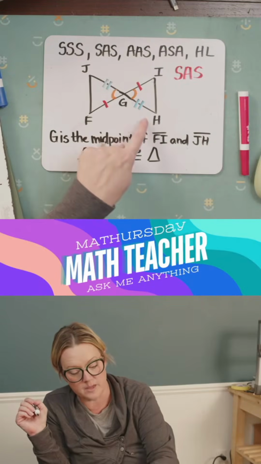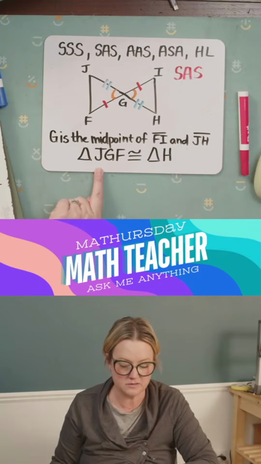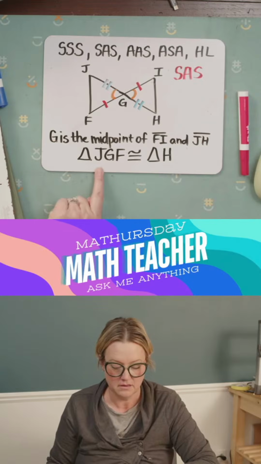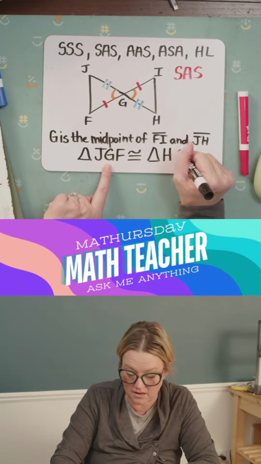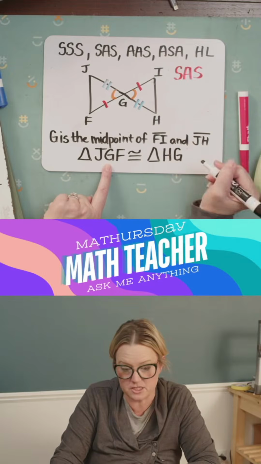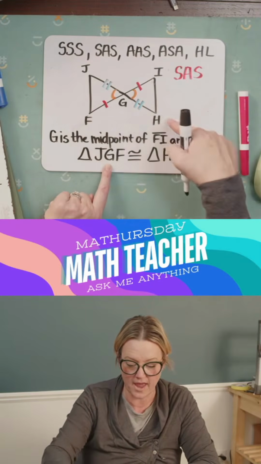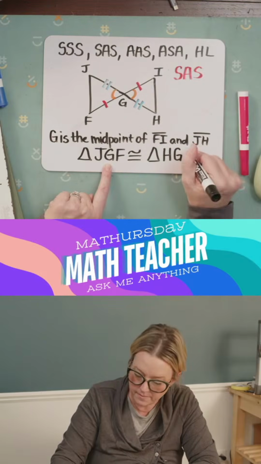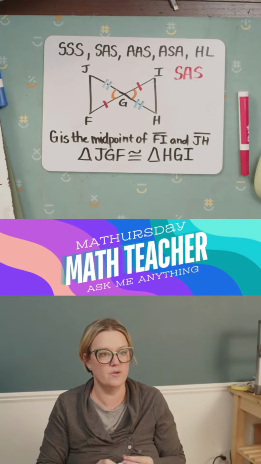Angle J corresponds with angle H. So J is first, H is first. Angle G here is going to correspond still with angle G in this one, because G is G. So it goes J, G, F. It's going to go H, G, I. And there we have it.